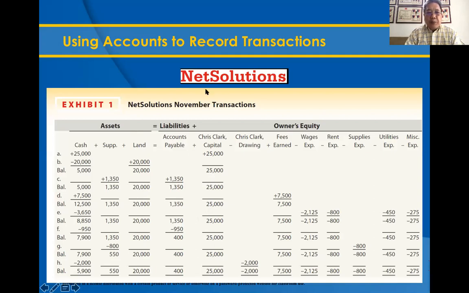Ito yung continuing problem natin. Remember, yung 25 capital, bumili ng lupa. If you all remember na, bumili ng supplies, inutang, kumita na siya, 7.5, and so on and so forth. You all know this. I don't need to review this anymore. These are the transactions for November.